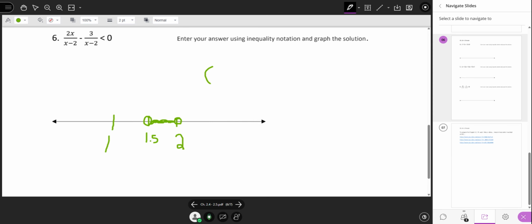And you're going to do this inequality. So 1.5 smaller than x smaller than 2.